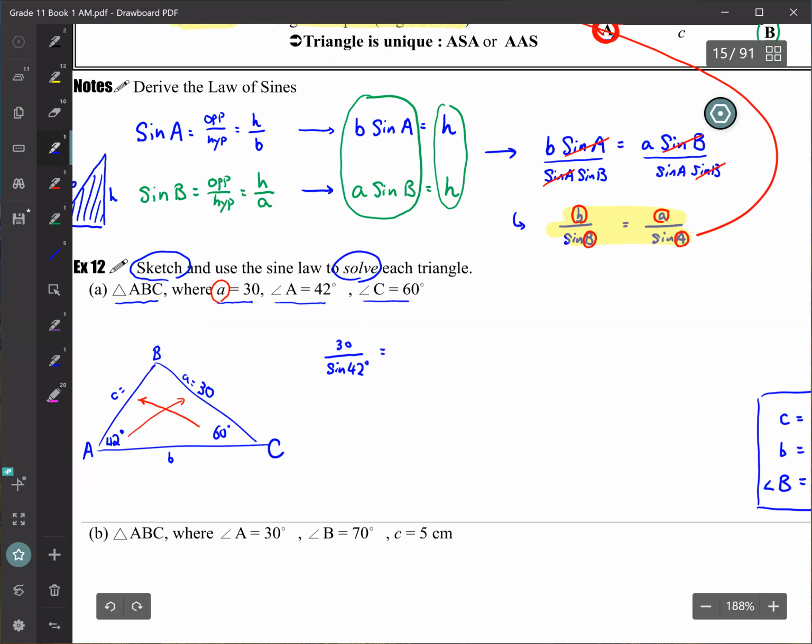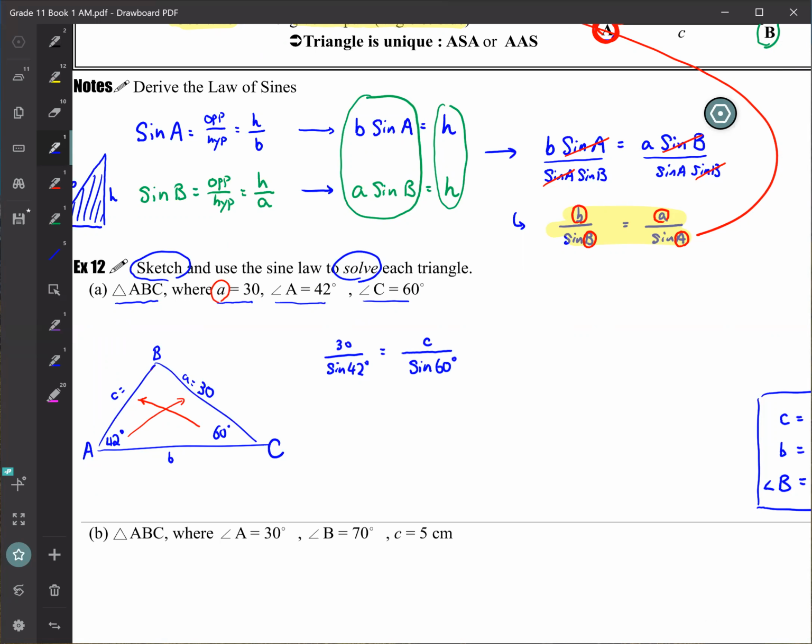And then the other pair that's missing a part is the C pair. Side C is missing, and then sine C, we have it, 60 degrees. So that's the setup.